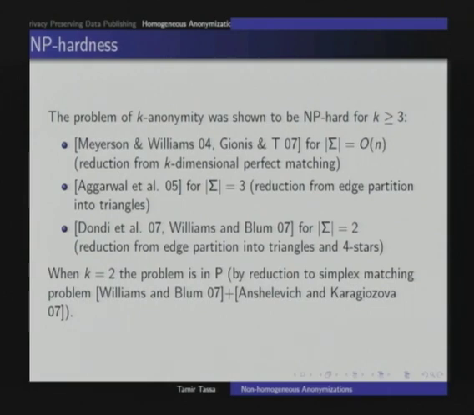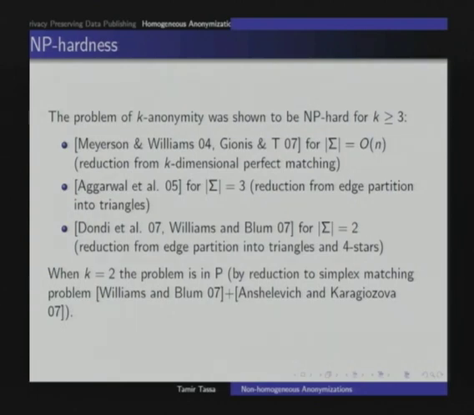And if we are already into these complexity issues, I will mention a recent result that when k equals 2, the problem is in fact in P. It can be solved polynomially, and it's based on recent results that appeared in those two papers. But this is just to complete the survey of complexity issues regarding k-anonymity.